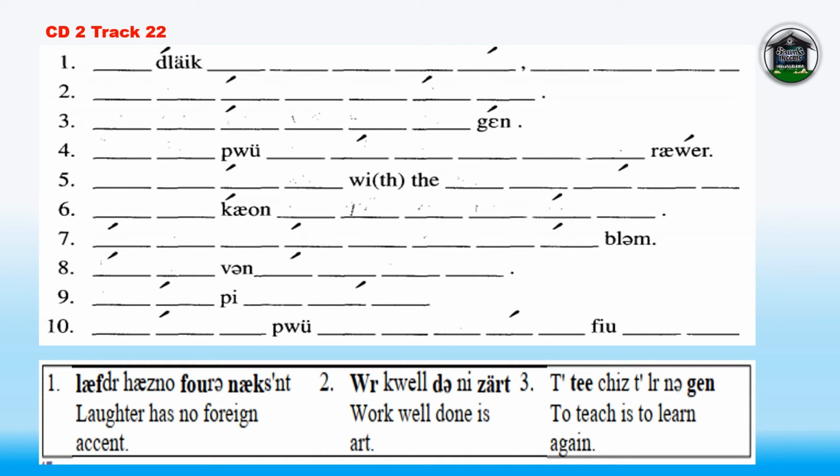1. Bull. Pa. Doll. Date. Like. 2. Dird. Core. Dits. Fray. 3. Gen.